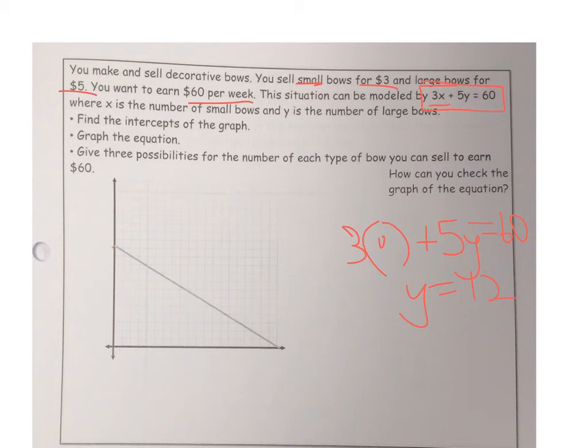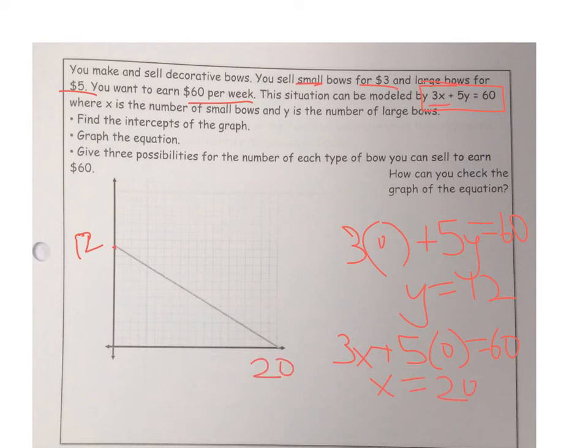So that's where that is. That would be 12. And then my x-intercept is going to be where y is equal to 0, so 3x is equal to 60. So x is going to equal 20.